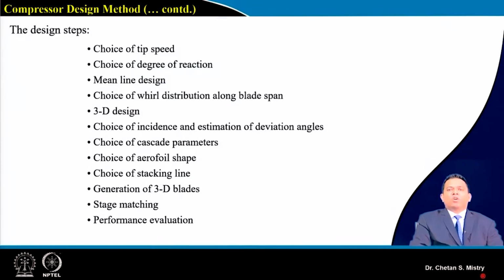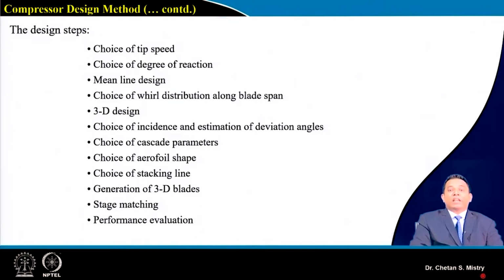Now, in the sense of design, what we have discussed up till now is the choice of tip speed and the choice of degree of reaction. When we discuss the tip speed, we see that earlier designs were constrained by tip Mach number.